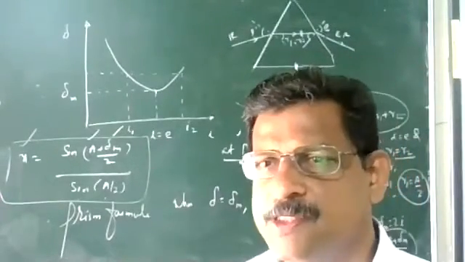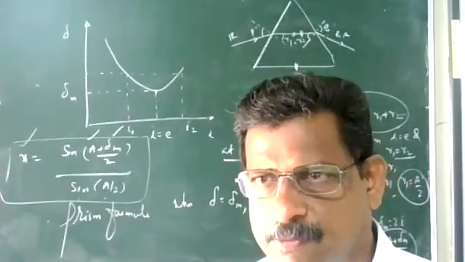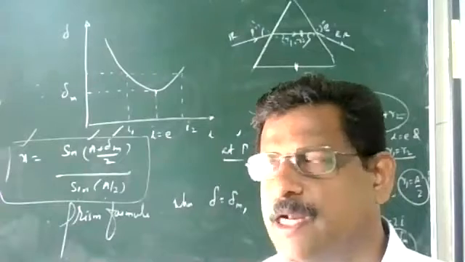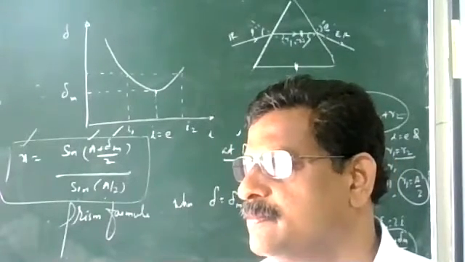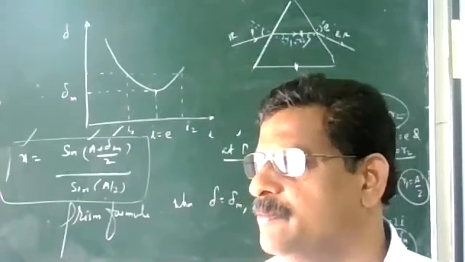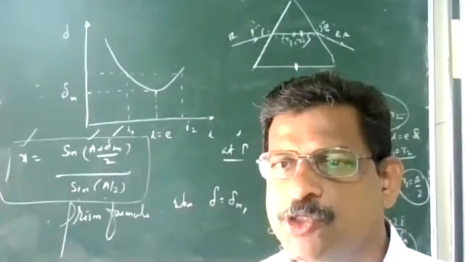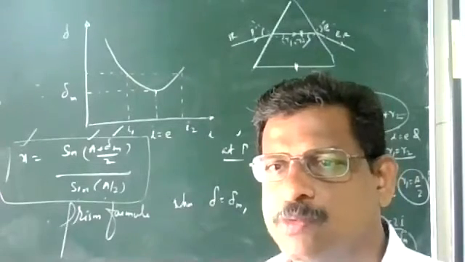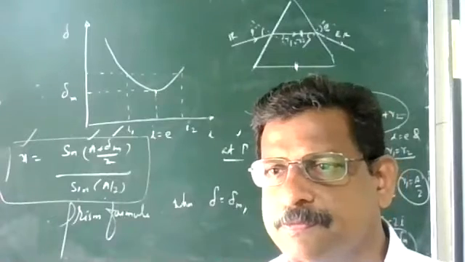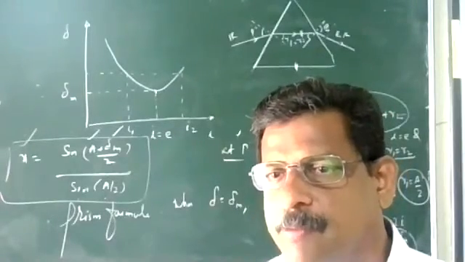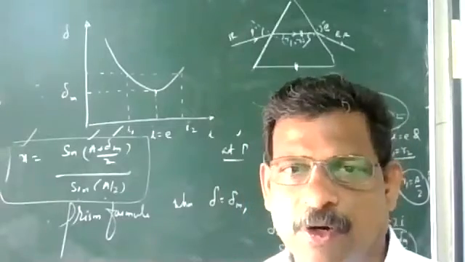That is the prism formula; I am just asking what is the equation for deviation? Delta equal to I plus E minus A. What is the relation between A and R1 and R2? Jaswin Jose. A equals R1 plus R2. Okay, good.